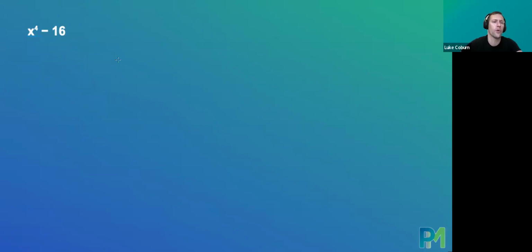Okay, this one here is a bit weird because it looks like the difference of two squares, but it's got this x to the power 4 piece. So this is x to the power 4 minus 4 squared. So this is almost the difference of two squares. And what do I say about this? Brackets are your friends.